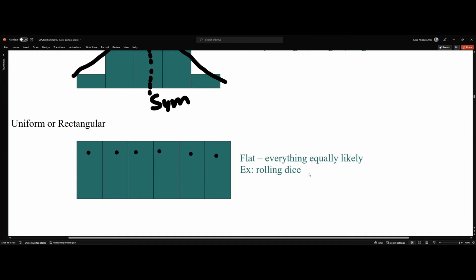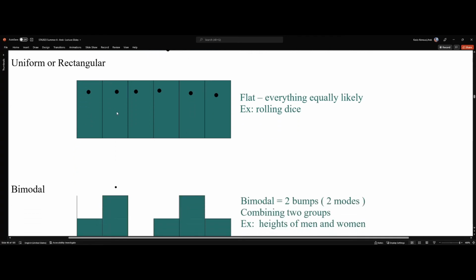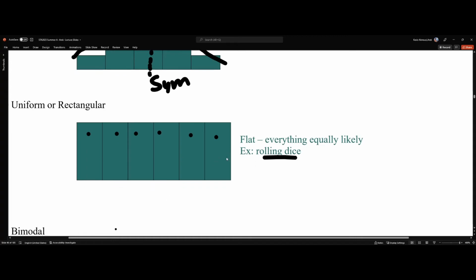It's like rolling a dice or flipping a coin, right? If we roll a dice, every number has a probability of 1 over 6 of occurrence.